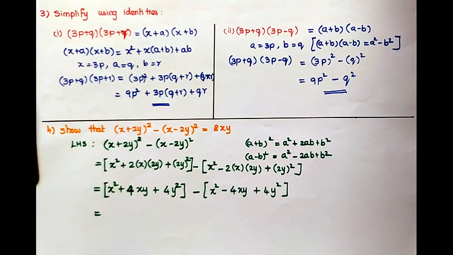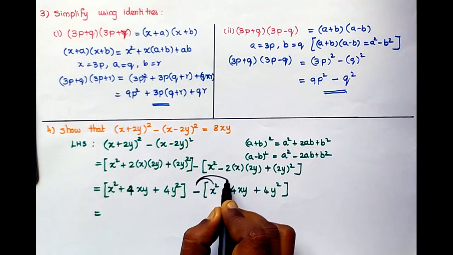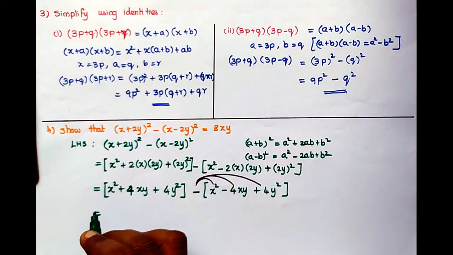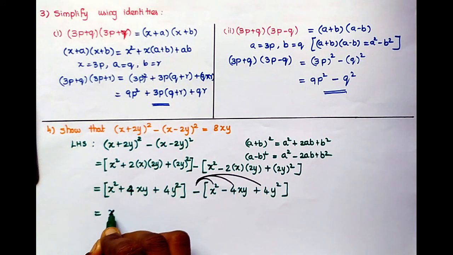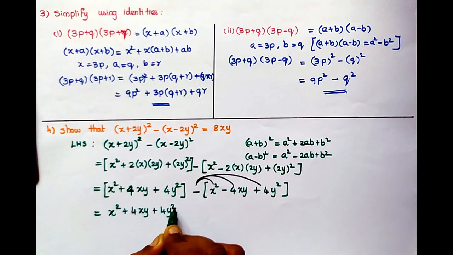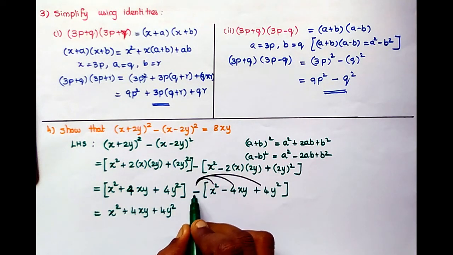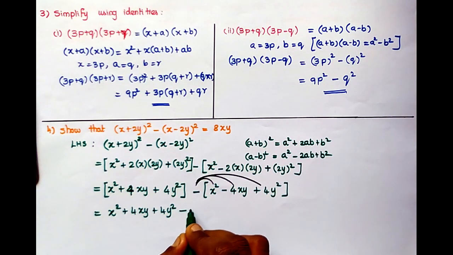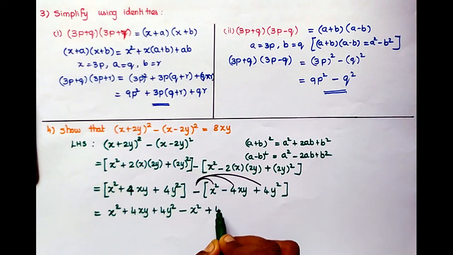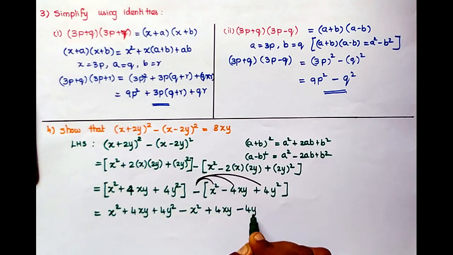Now listen, multiply this minus into the bracket. First one, write as it is, x², 4xy plus 4y². Here minus into plus, nothing there means plus, so plus into minus into plus, minus x², and then minus into minus plus 4xy, next minus into plus minus 4y².